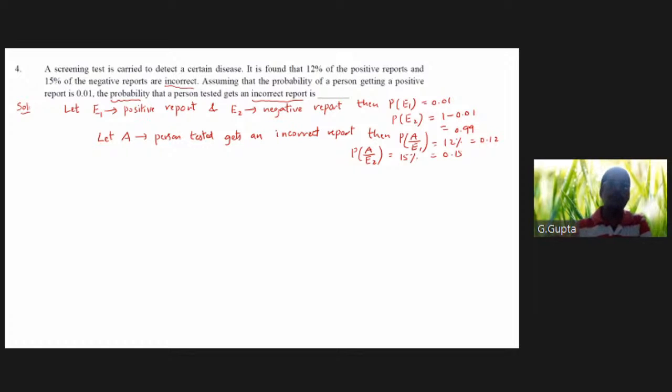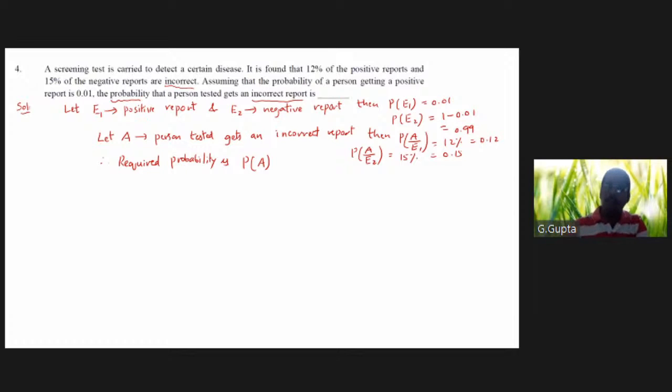Now the question: probability that the person gets an incorrect report. A person gets an incorrect report, it is A only. So therefore, the required probability is P of A only. If the question said that the incorrect report came from positive or from negative reports, that would mean inverse event, Bayes' theorem.